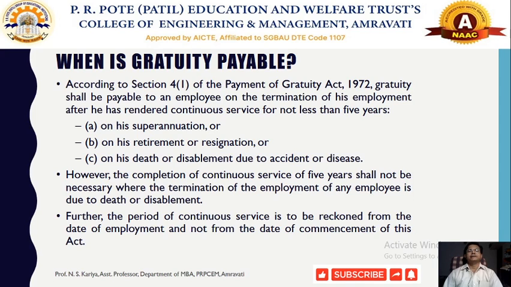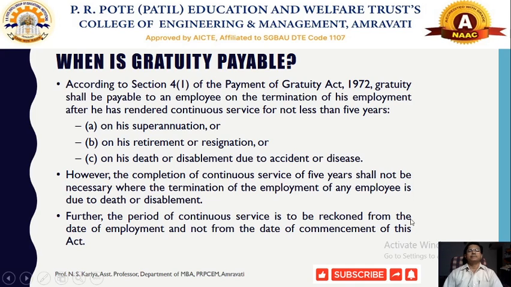So in this case, we could not look over here whether the employee has been in continuous service for the 5 years. The minimum requirement is that the employee should be in service, or during the course of employment the employee has died, or a minimum of 1 year length of service would be considered over here.